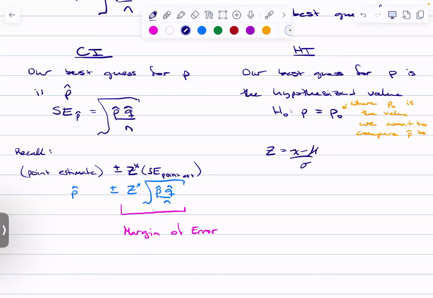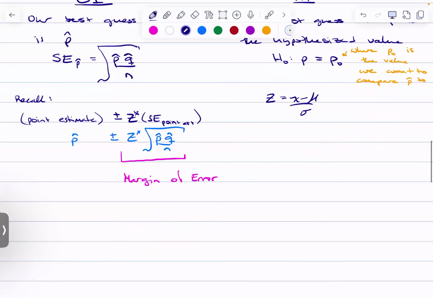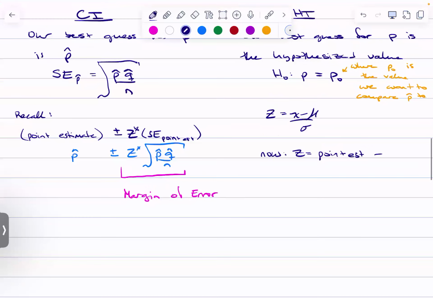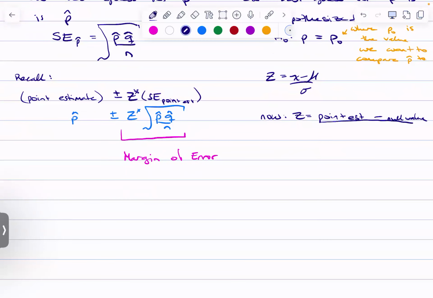It's got the same behavior, but now Z is going to be a point estimate minus the null value, or the hypothesized value, if you will, divided by the standard error of the point estimate.